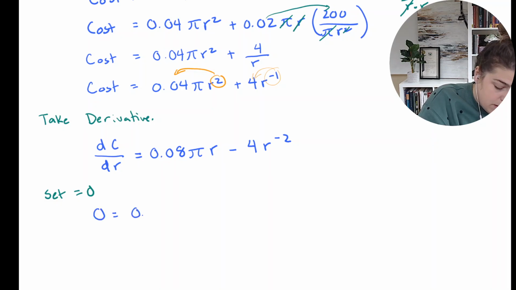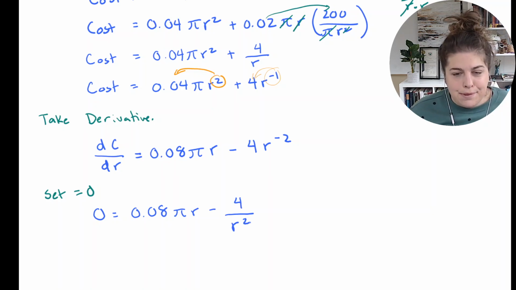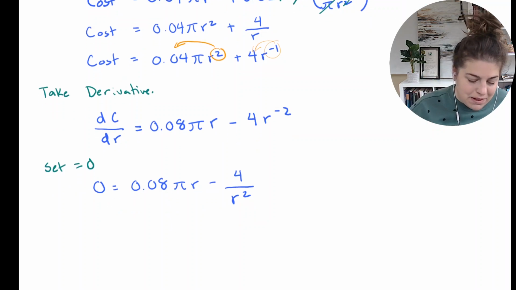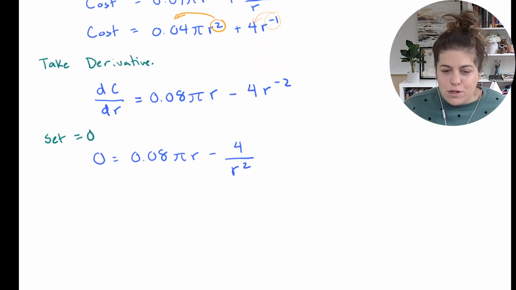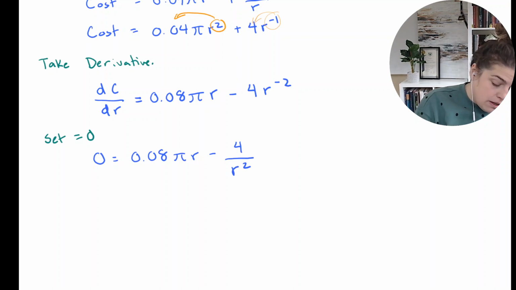0 is equal to the 0.08 pi r. Now, for me, when I go to rearrange equations, it's actually better for me to have those negative exponents moving the variables to the denominator where they don't have the negative exponents, just for the sake of rearranging, because I'm a visual rearranger. You do whatever is best for you, okay? So I'm going to move this over.